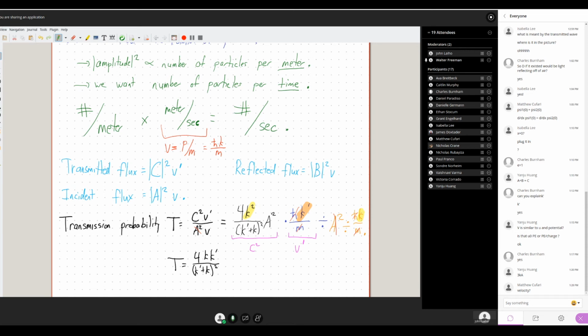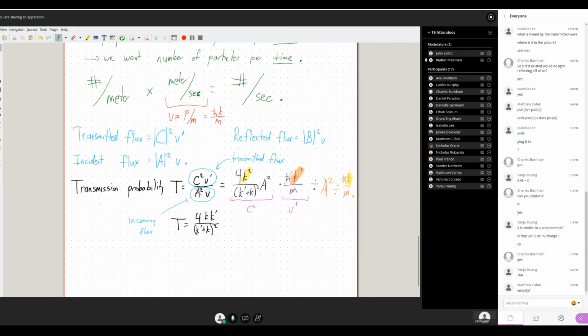So we said, all right, the probability that a particle goes through is the ratio of the transmitted flux, c squared v prime, let me label that, so that's the transmitted flux, to the incoming flux. So Isa, this is an example of a fully solved thing. Any questions about that?